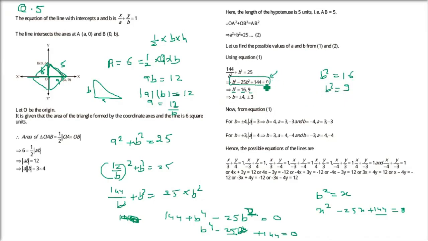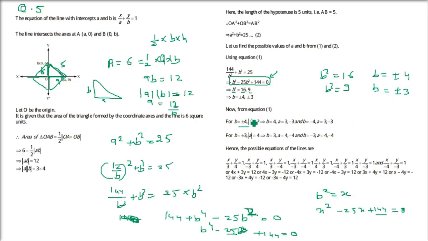So finally, let us come to the final conclusion. B square is 16, B square is 9. So B can be plus minus 4, and B can also be plus minus 3. So we have B as plus 4, minus 4, plus 3, minus 3.